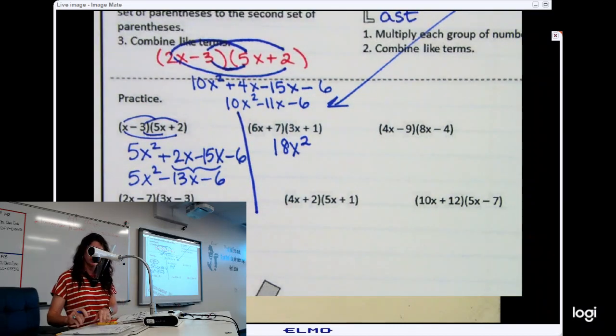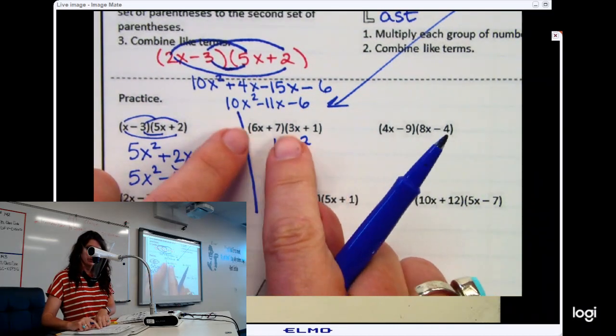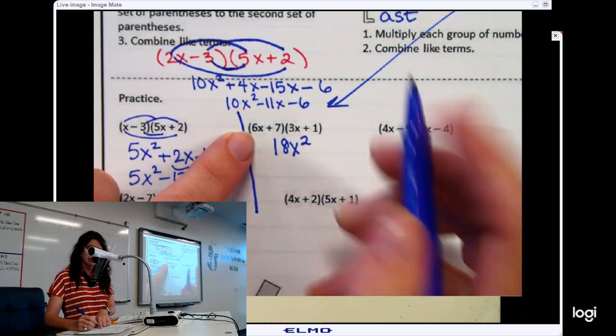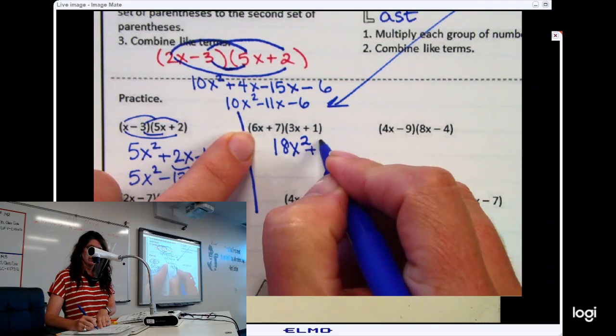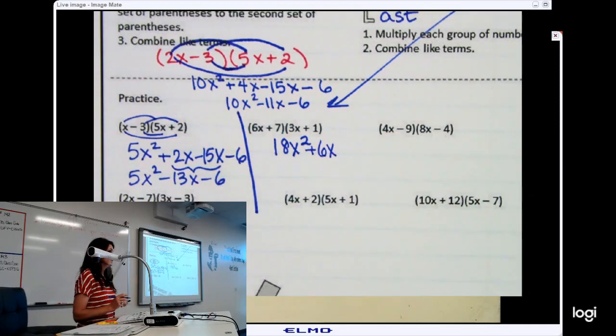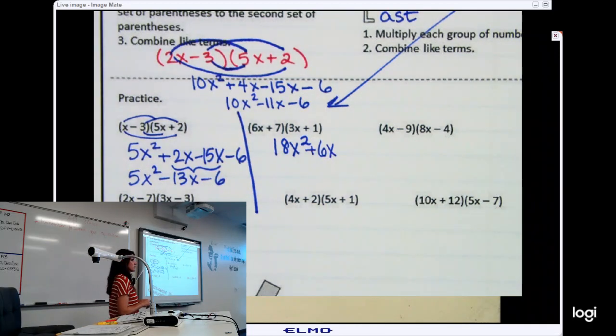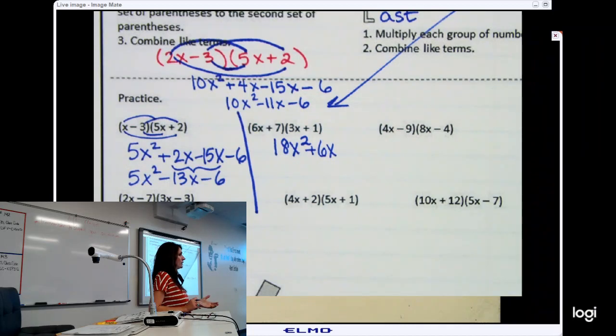Should have changed colors. First, outside. Check your outside term. First, outside. How you guys feeling about this? Good. Good. Like I said, it's not bad, but this is a big deal. It's a really big deal.